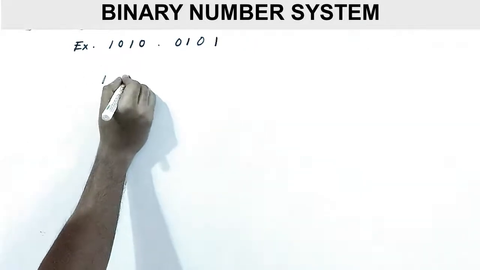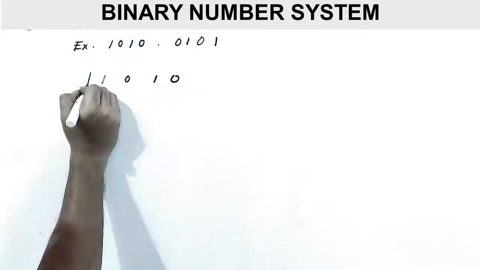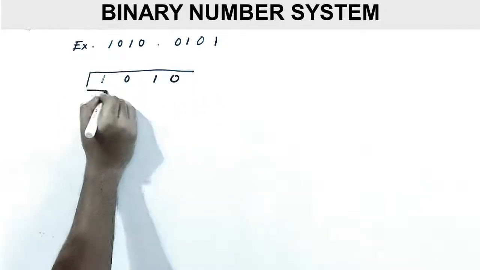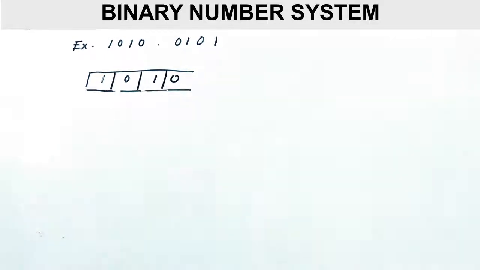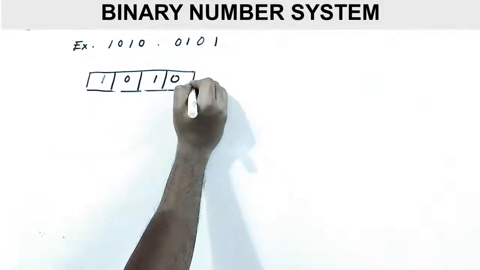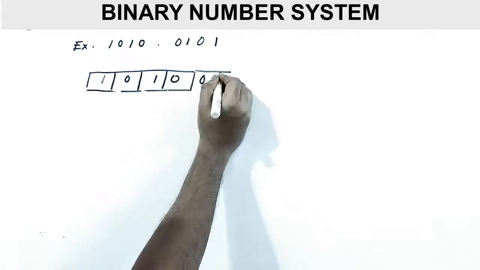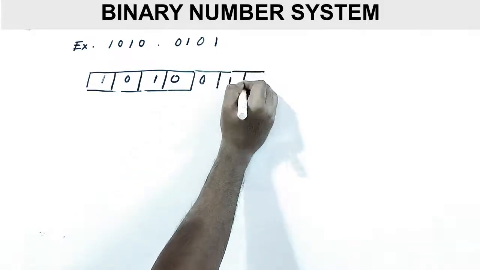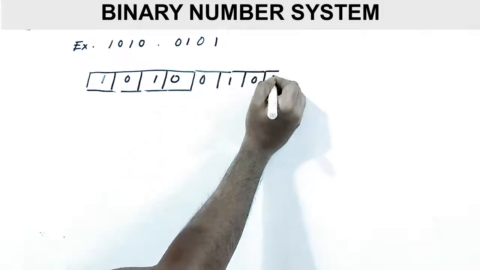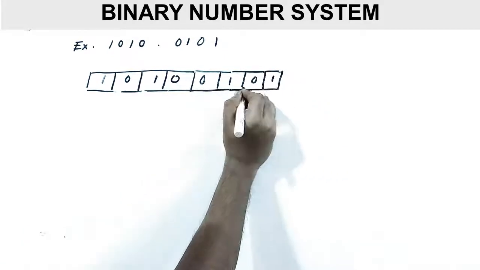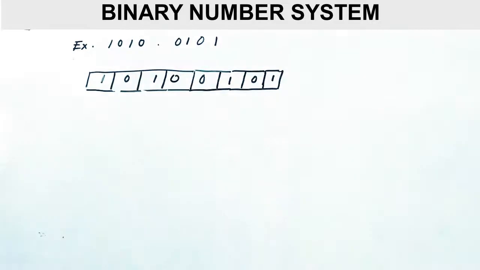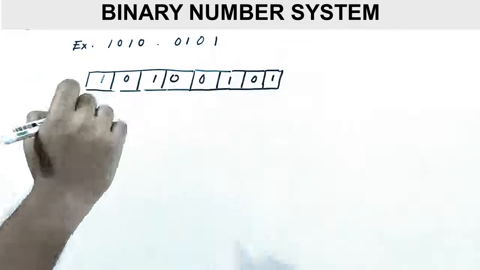So we need to also represent this in an array-like format. Let's write it down: 1 0 1 0 . 0 1 0 1. The convention is the same as far as allocation of the position is concerned.